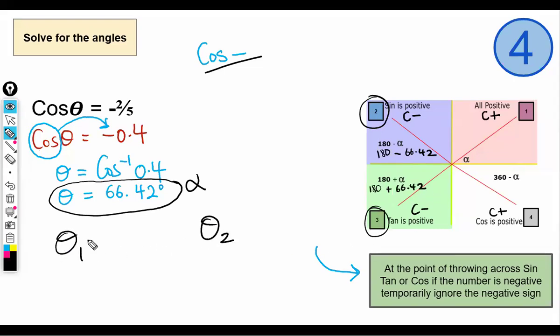Theta 1 and theta 2, let's subtract it and add it. 180 minus 66.42, I'm getting 113.58 degrees. And 180 plus 66.42, 246.42, right? I use this formula and I use this formula. If you got it wrong, just check back your answers, no?